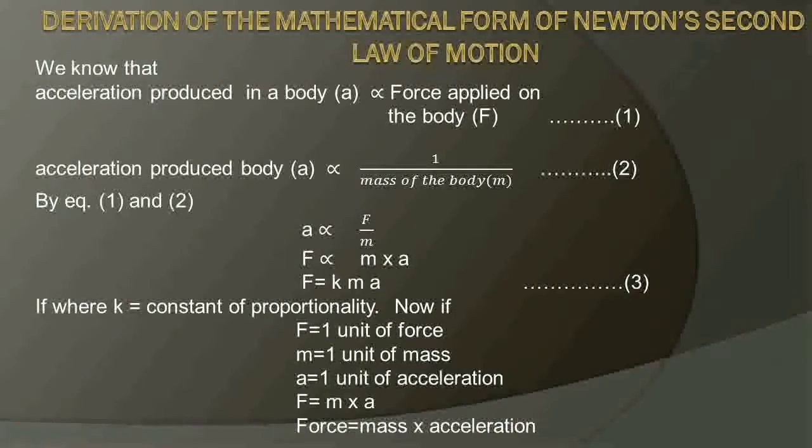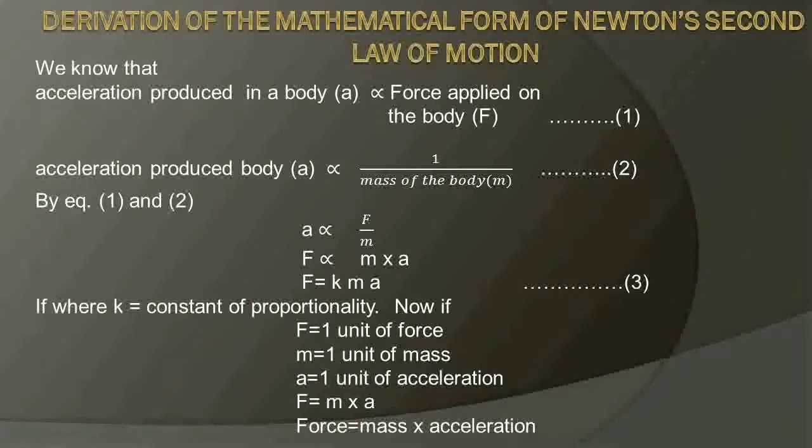The acceleration produced may be positive or negative. Experimentally, it has been found that the acceleration produced in a body is directly proportional to the force applied on it if the mass remains constant. So here we can write acceleration a is directly proportional to the force F applied on that body. This will be equation 1.